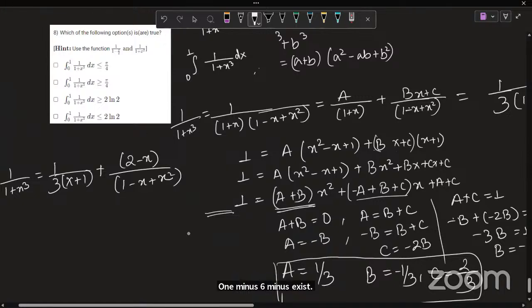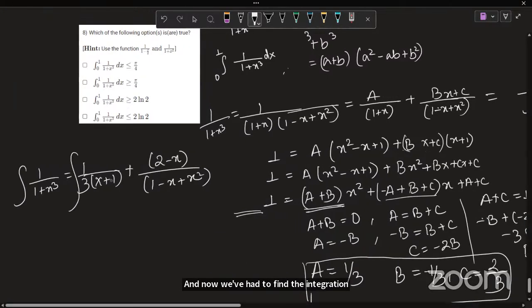And now we have to find the integration of this, which will be the integration of this one dx plus the integration of this one dx for the overall integration.